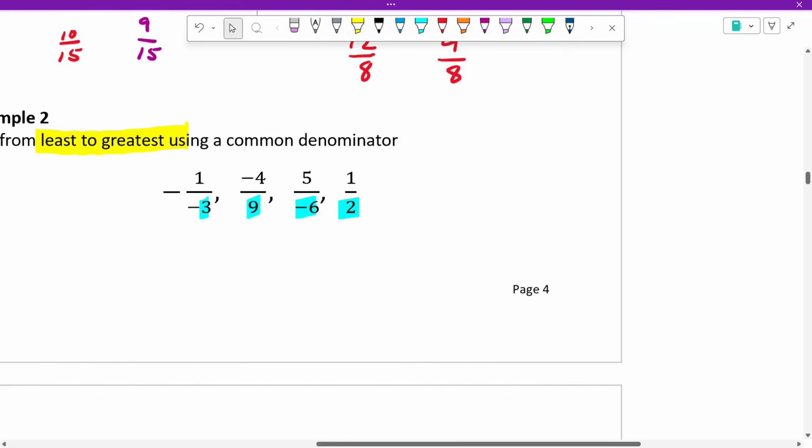They all have different denominators and different numerators, so we need to make all 4 of them the same. This becomes tricky. Peyton, do you know it already? Is it 18? It is 18. And we'll talk about it. So we have 3, 9, 6, and 2.